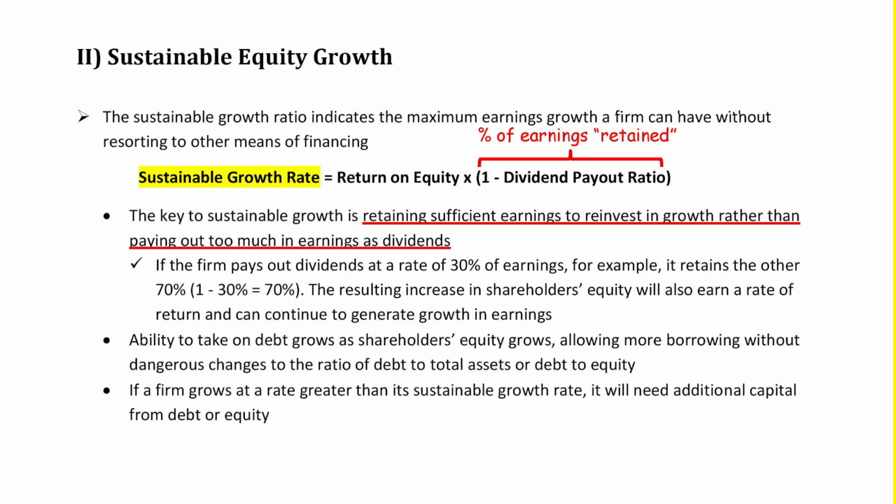The resulting increase in stockholders' equity will also earn a rate of return and can continue to generate the growth in earnings. But circle "if" and highlight: if a firm grows at a rate greater than its sustainable growth rate, in that case it will need additional capital from either debt or equity.